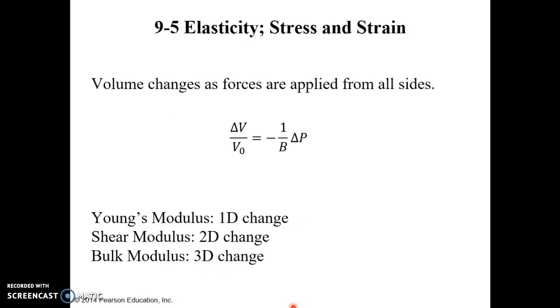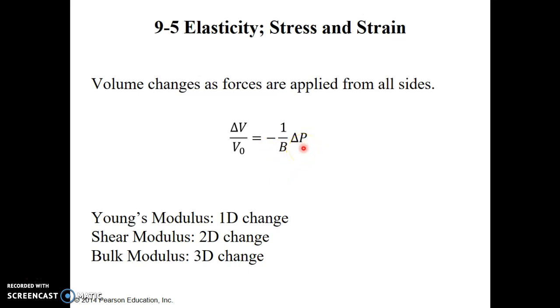Now we can also do this in three dimensions. But in this case, it is a little different because if you apply a force in three dimensions, it's not going to increase in length, it's going to decrease. And since we're dealing with three dimensions, it's not length, it is volume. So we get the relationship that the change in volume over the initial volume is going to be the negative of 1 over B, which is the bulk modulus, times the change in pressure.